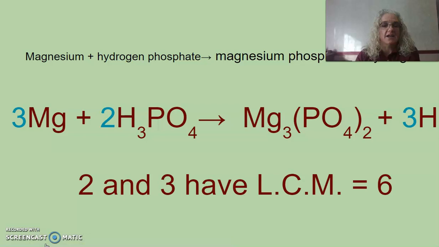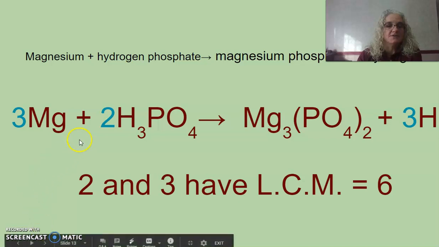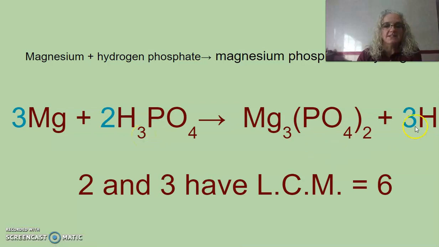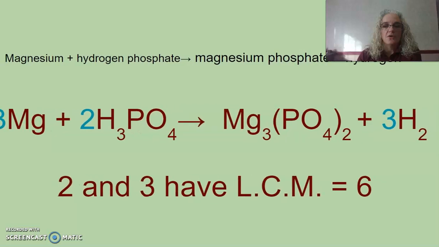On the left side, we'll put a 2 in front of phosphoric acid, also known as hydrogen phosphate, to get a total of 6 hydrogens by taking this coefficient 2 and multiplying by the 3. On the right side of the equation, we have a 3 in front of hydrogen multiplied by a subscript 2 to give us a total of 6.